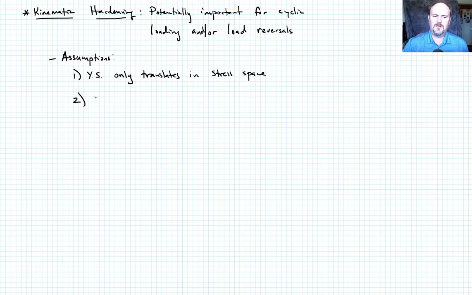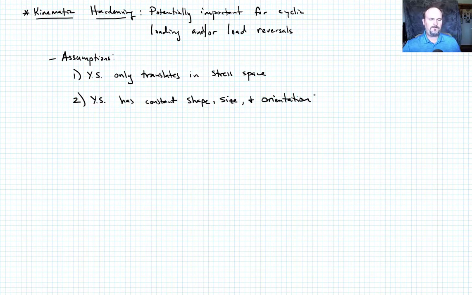That means that the yield surface has a constant shape, size, and orientation. So what does that mean? That means that we need to locate the center of the yield surface in space. So that's what's needed to describe this.